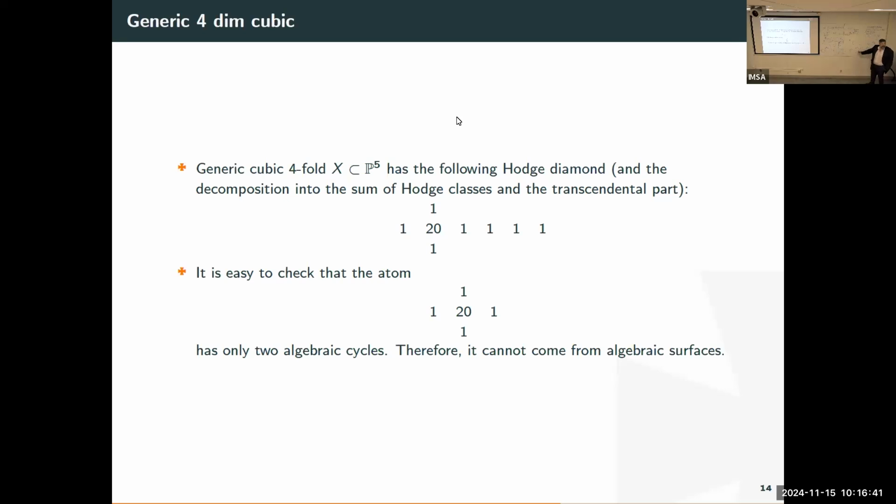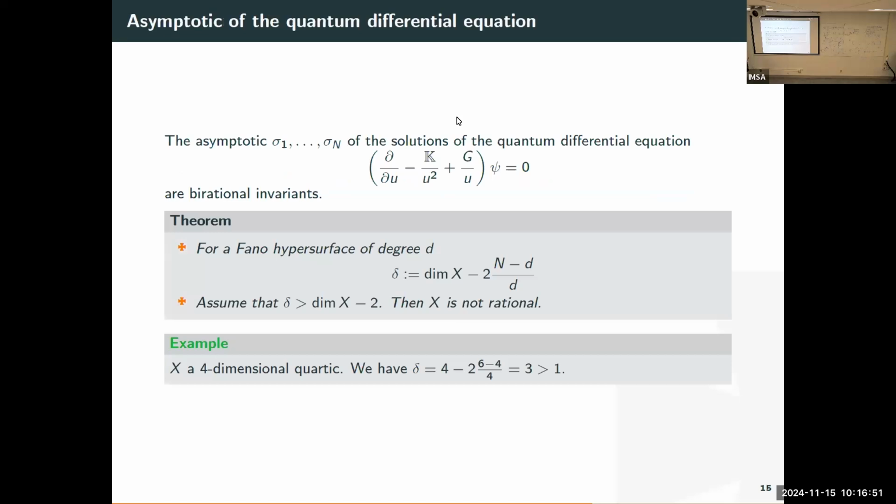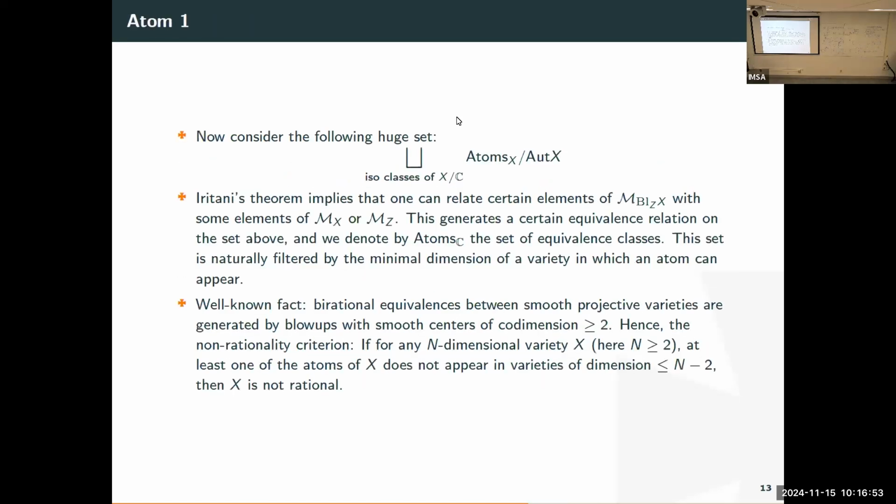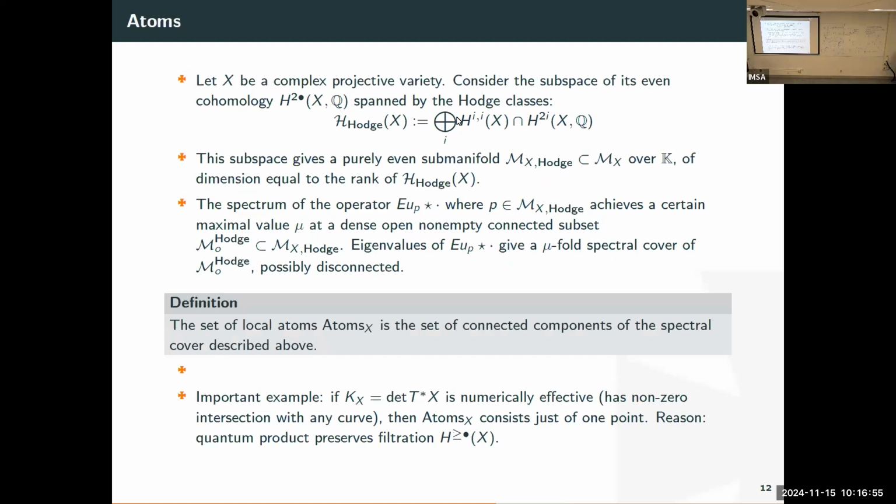What is mu in this case? It was a mu definition. Mu is 9 in this case. I mean, it's the number of the splittings for a generic point. How does one see that from the operator?